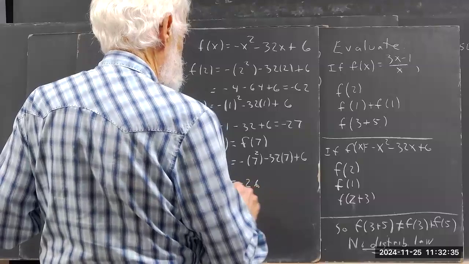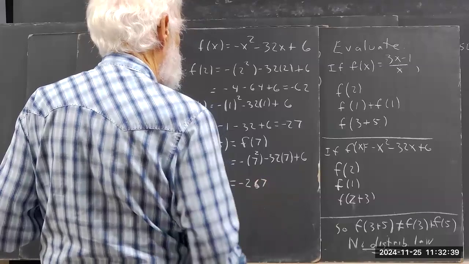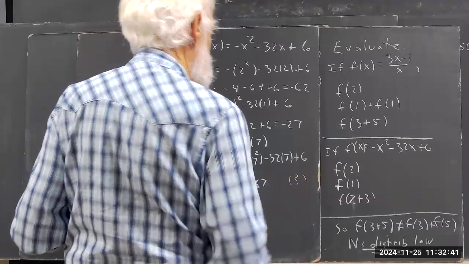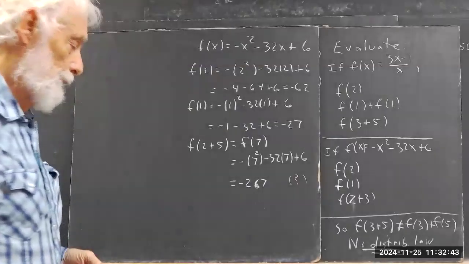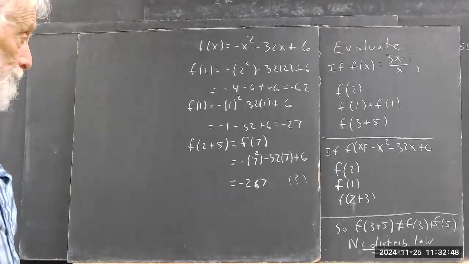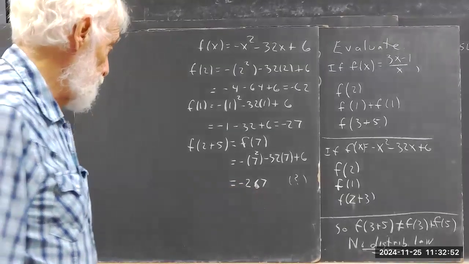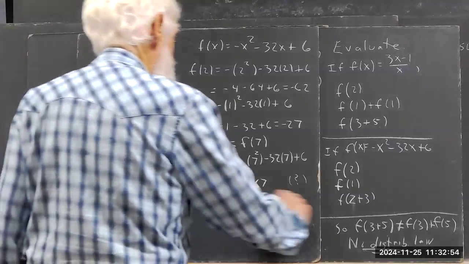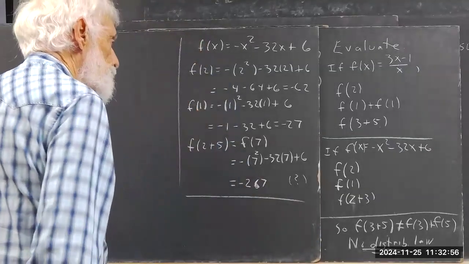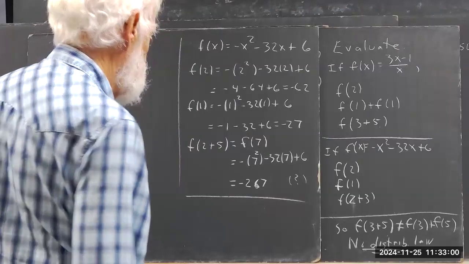Wait a minute. I'm losing it. Wait, 267. Big question mark on that. Maybe that's right, maybe it isn't. But I don't think it's far off. Okay. And there's at least a 50-50 chance I got that right. Okay. There it is. Also, you could check.